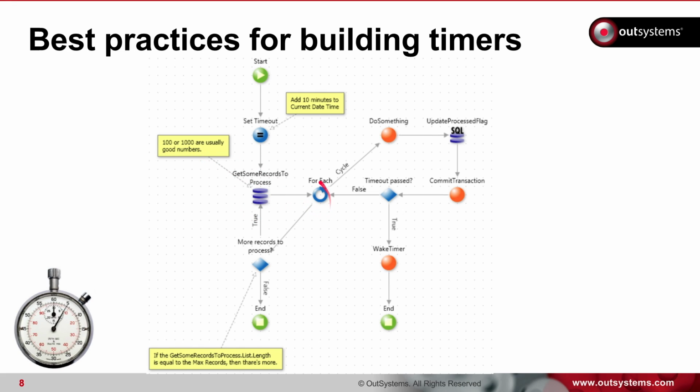So when the for each finishes, it goes through here and we have another condition. Are there more records to process? If there are, we go back to our aggregate and repeat everything until eventually we time out. If they're not, we end. Now, the way we figure out that there are more records can be many different things.